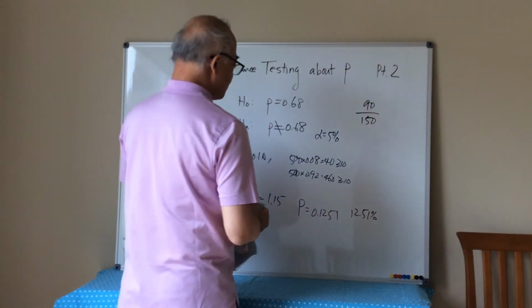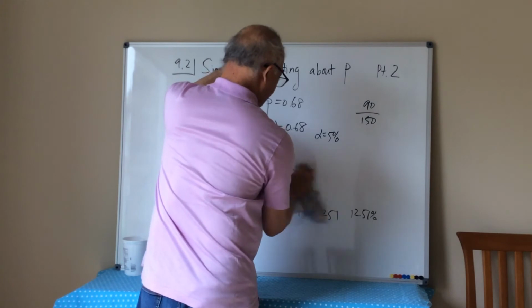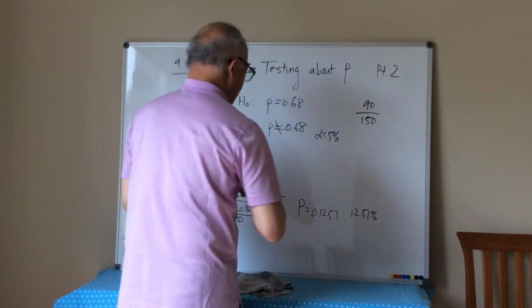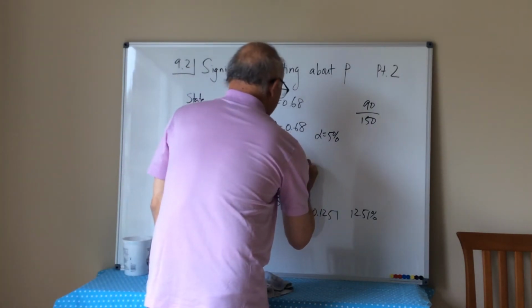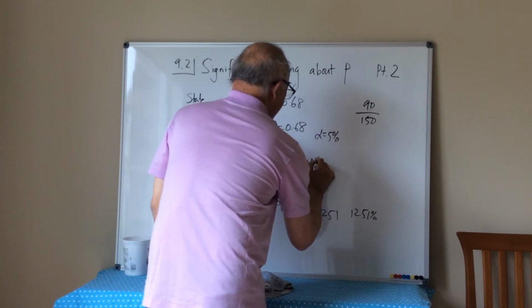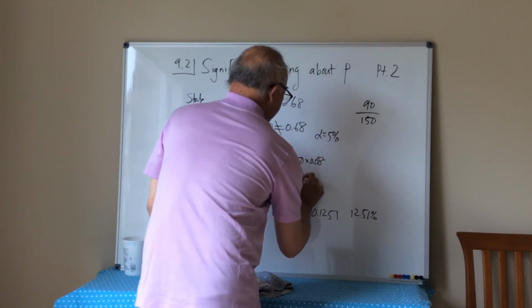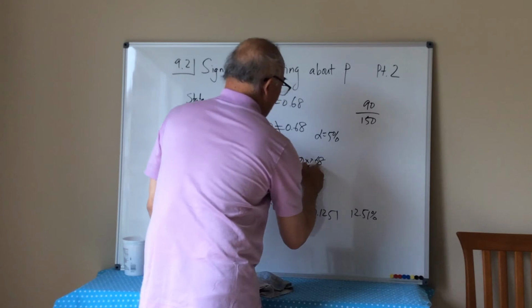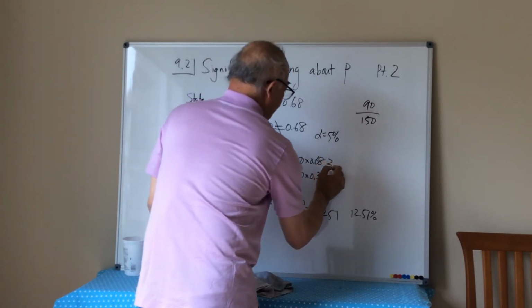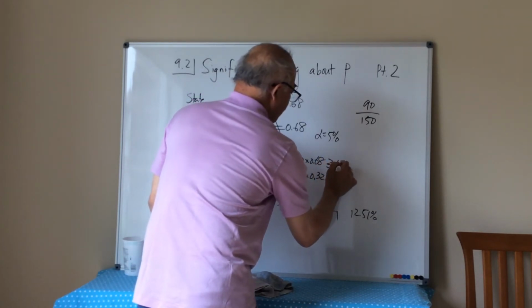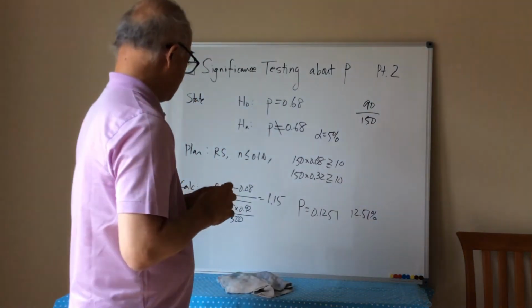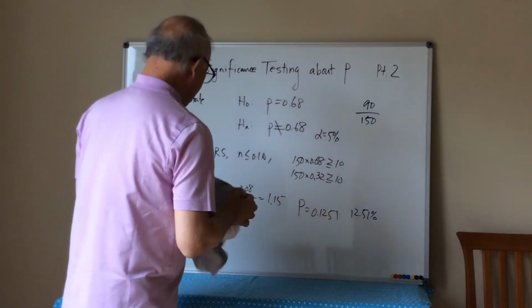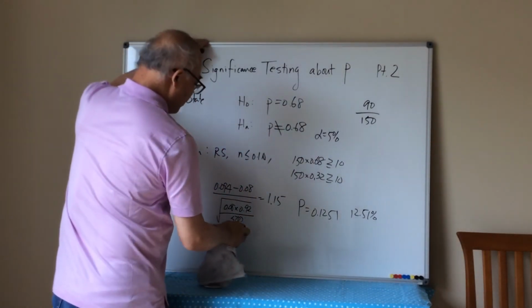And if we do this, what do we get? We check 150 times 0.68 and 150 times 0.32, which is 1 minus p, and these are both greater than or equal to 10. So we'll do the calculations to find the p-value.